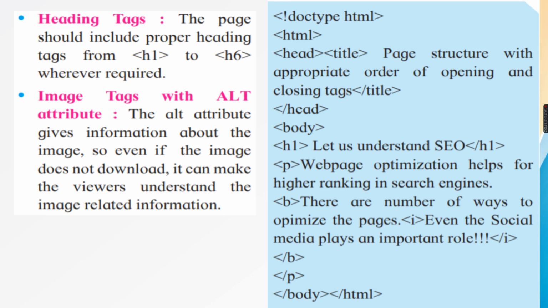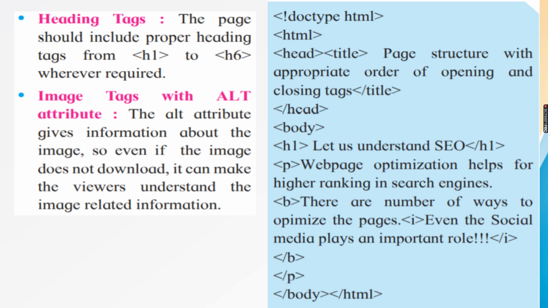The alt attribute must describe the image: if the image is related to a clock, the alt should have the explanation regarding the clock. So you can use a keyword which can match with the search result, as well as the description of the image.